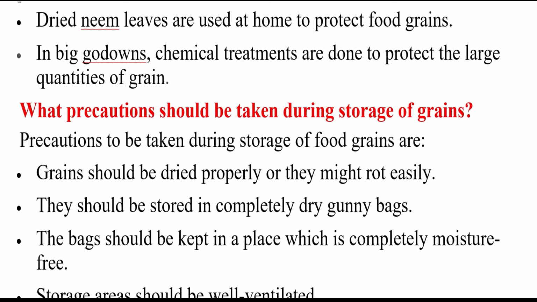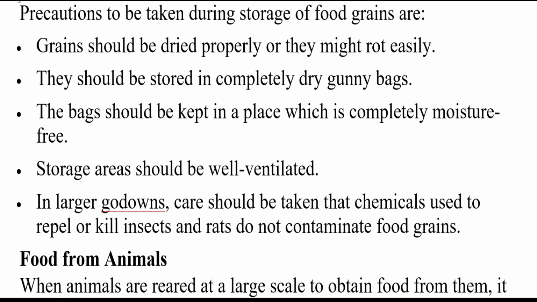What precautions should be taken during storage of grains? So precautions to be taken during the storage of food grains are: the grain should be dried properly or they might rot easily. They should be stored in completely dry gunny bags.